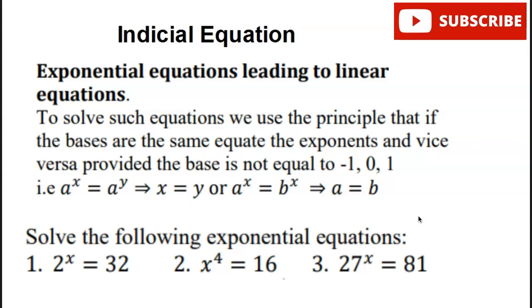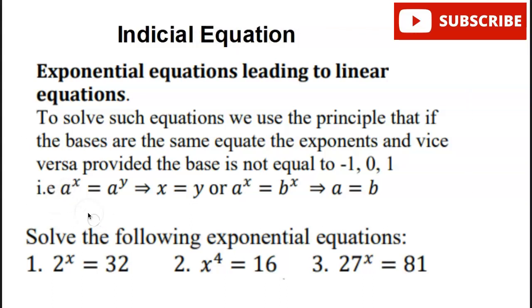So let's start. To solve such equations, we use the principle that if the bases are the same, we equate the exponents, and vice versa, provided the base is not equal to -1, 0, or 1. So this is the case.